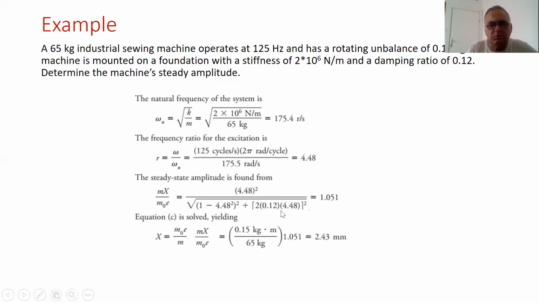Now the response is not this one, but it is the capital X. By the way, M0 is the total mass of the machine, and 0.15 is the eccentricity times M0.